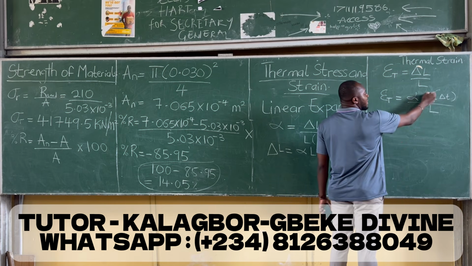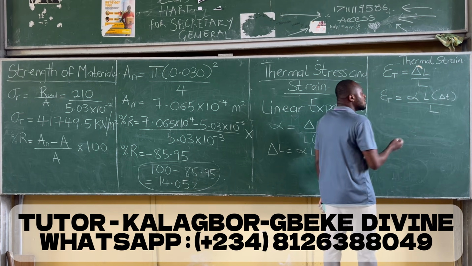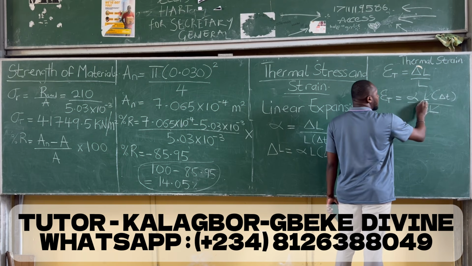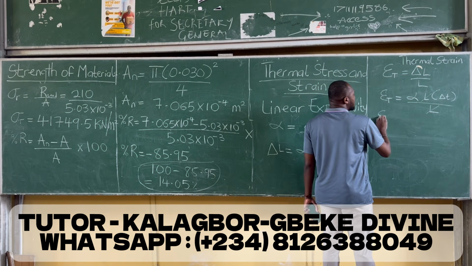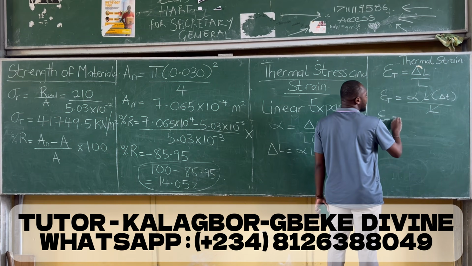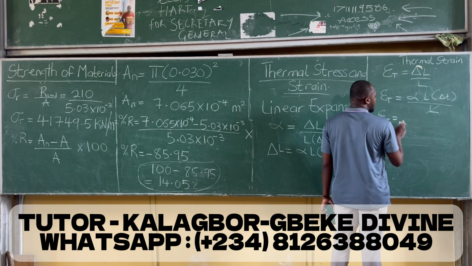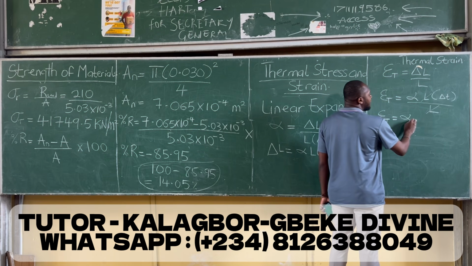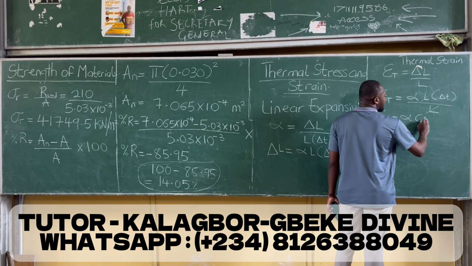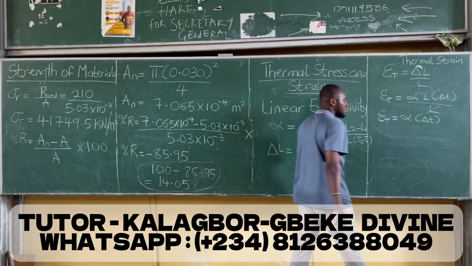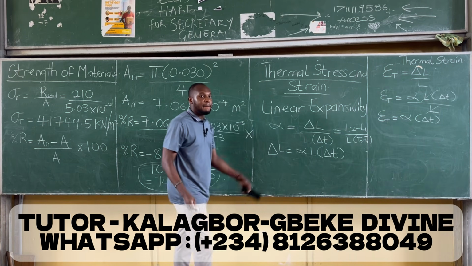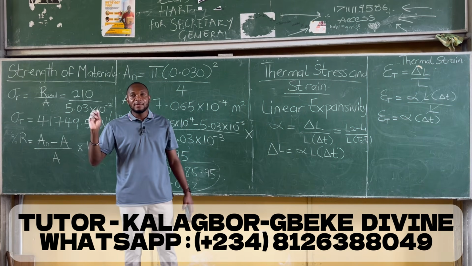L is common in the numerator and the denominator, so we cancel out and we are left with epsilon T, that's thermal strain, equals alpha change in T. Do you understand how we got there? If you don't understand, please let me know so I can recap.